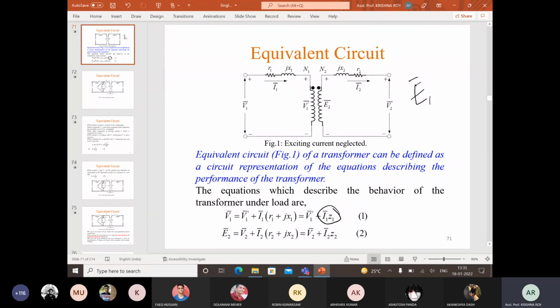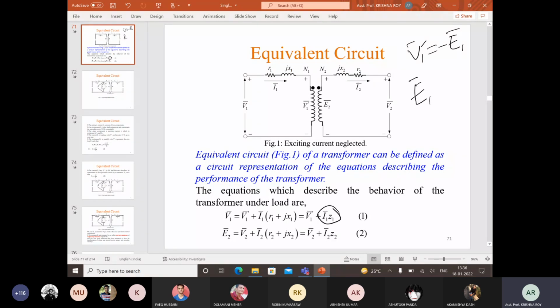E1 lags the flux by an angle of 90 degrees. Now when this current flows, we can assume one voltage drop along the direction of this current flow, which is V1 dash, and this V1 dash is taken as the negative of E1, that means in the opposite direction of E1, and this equation satisfies Lenz's law.